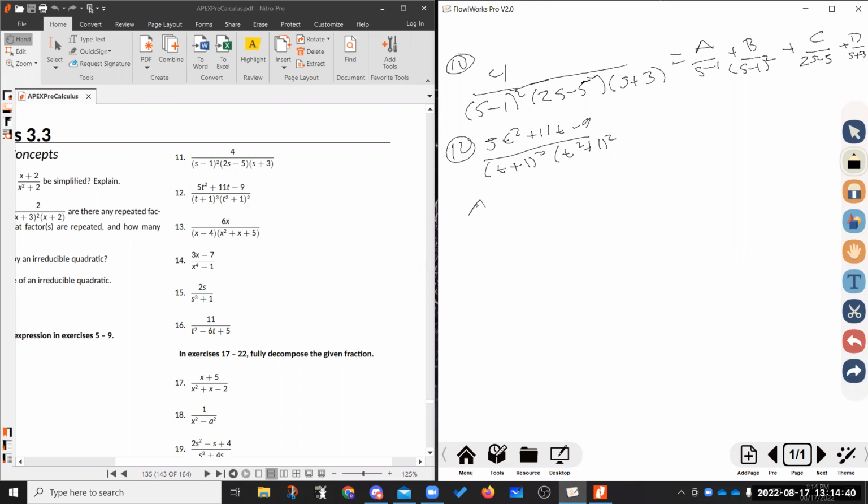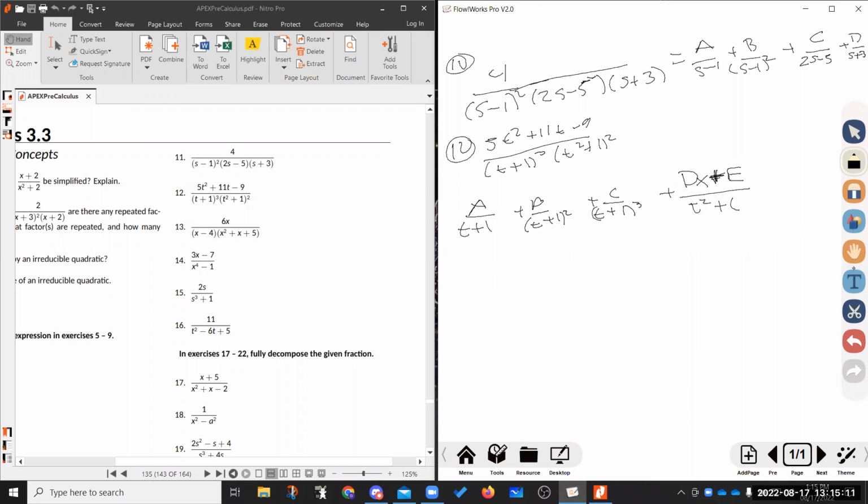We have (t plus 1) to the third, so that's A over t plus 1 plus B over (t plus 1) squared plus C over (t plus 1) to the third plus, now we have degree 2. So our numerator is going to have to be degree 1, which is going to be an mx plus b form. So I've got Dx plus E over t squared plus 1.